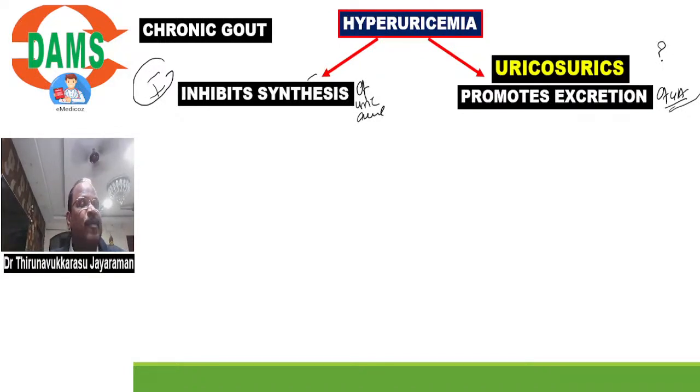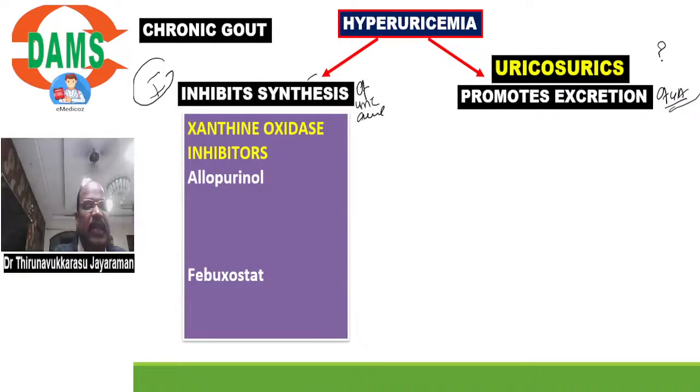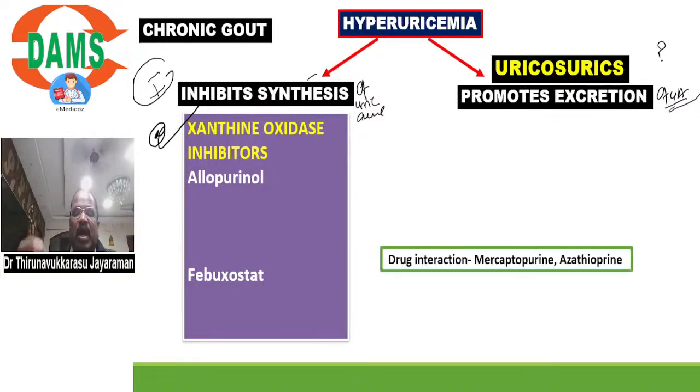And just for completion, I'm telling the two most important drugs inhibiting synthesis of uric acid are the xanthine oxidase inhibitors, allopurinol and febuxostat. This is also a very important point.